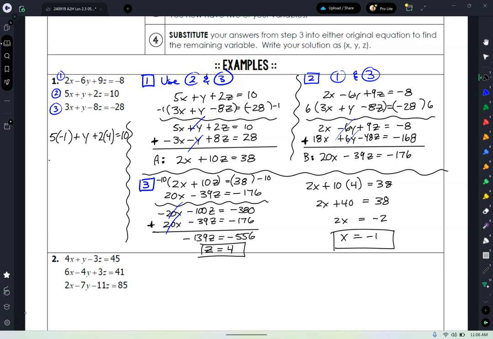So then I get negative 5 plus y plus 8 is equal to 10. Y plus 3 is equal to 10. Y is equal to 7.